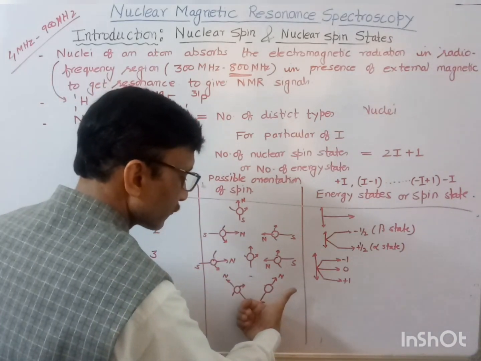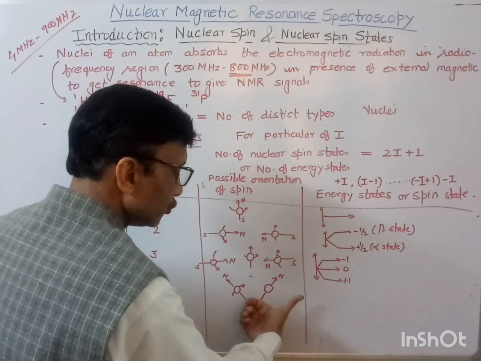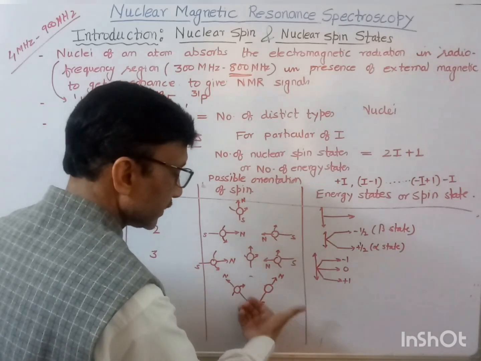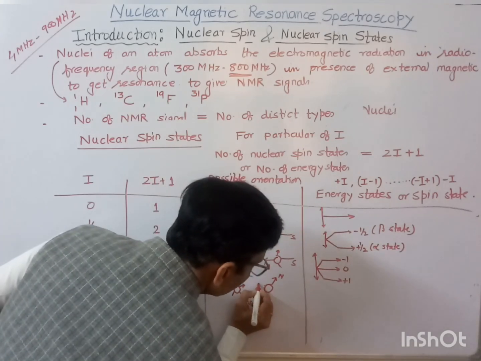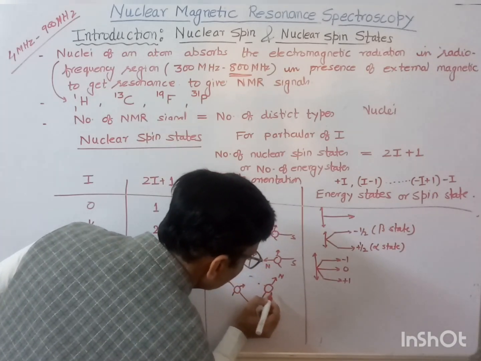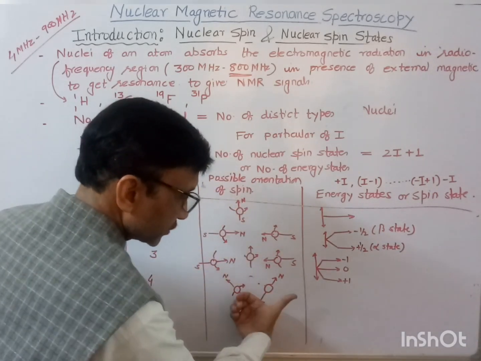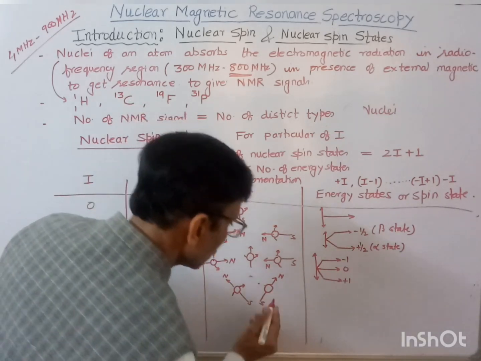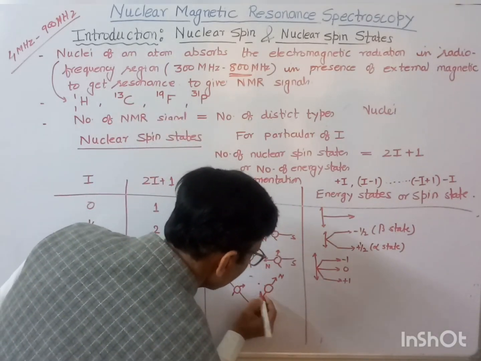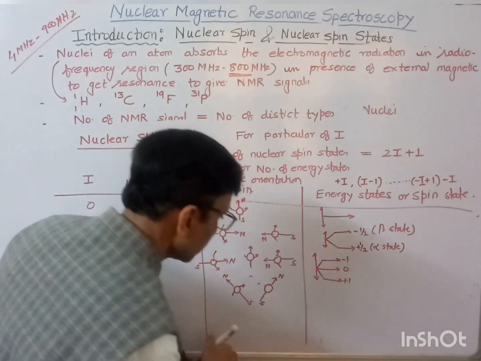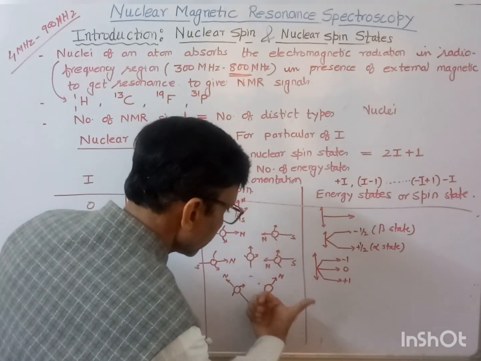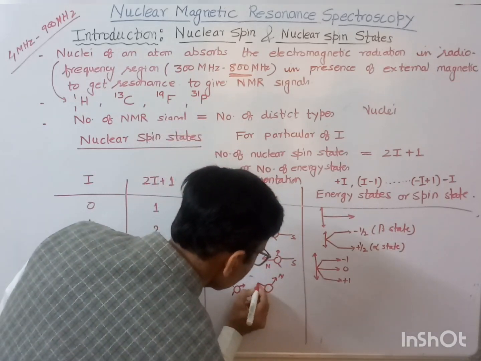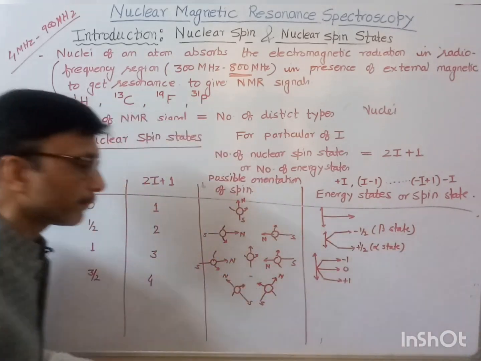If the thumb is the direction of the magnetic field, it means the nuclei is rotating in the direction of my palm. So the direction of my palm is like this, and this is the direction of rotation of my palm.